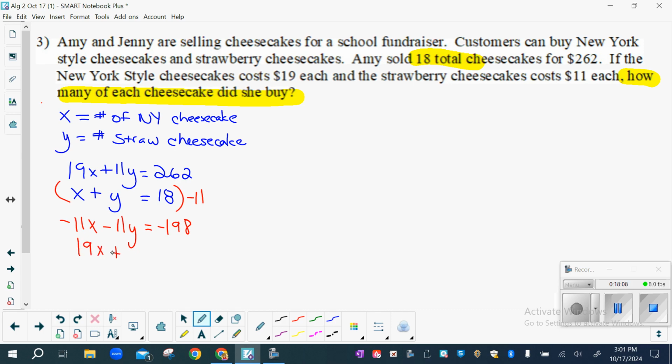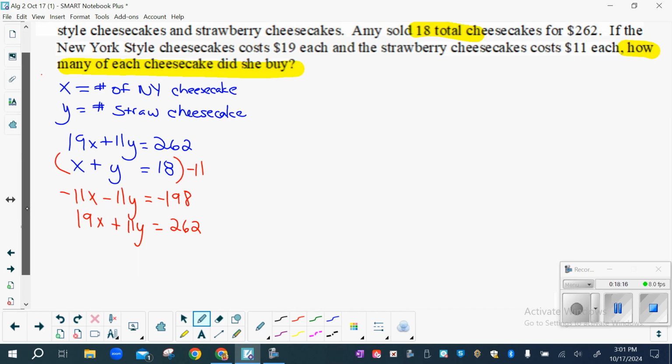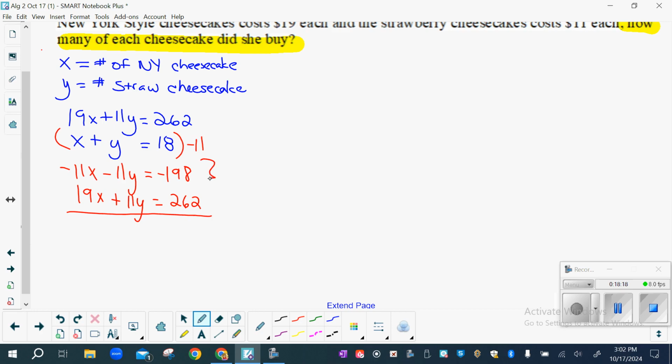Thank you, those of you that are sitting quietly. So now we're going to add those two together. Y's cancel, and we get 8x is 64. We get x is 8.